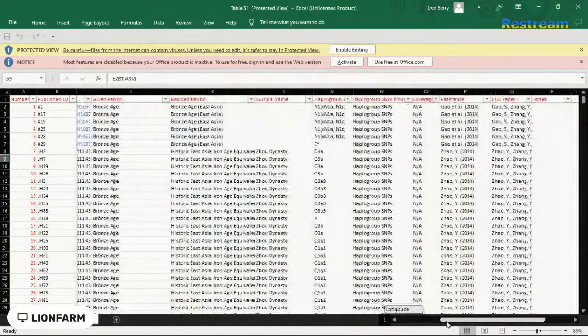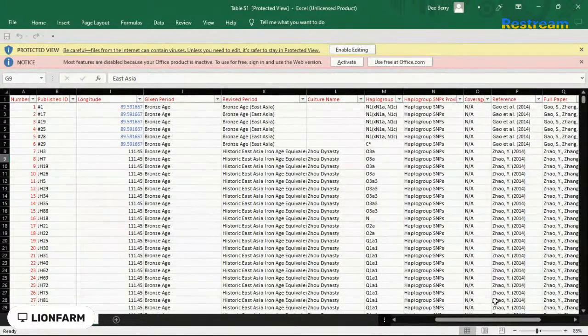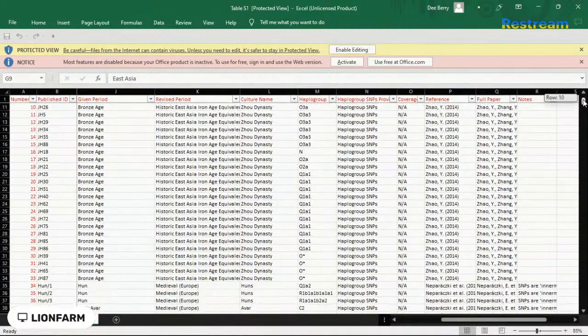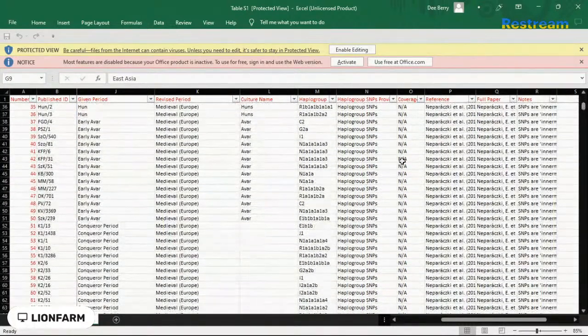He has different finds on here and the mutations. So he's going to have O's and N's and stuff, I's. He has E's on here. So in some of these places, some E1b1b and stuff like that.